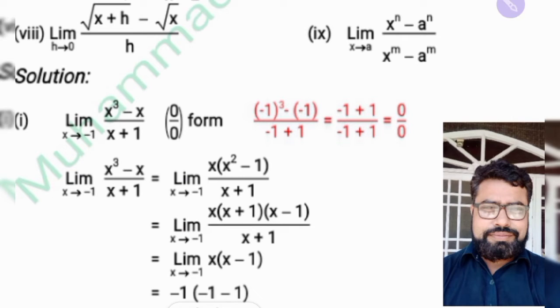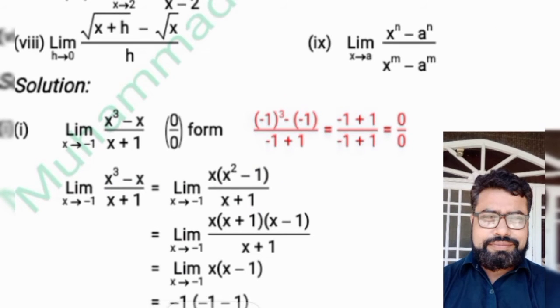Now we can take x common from here. If we take x common from x cube, it will be x square. As we have taken x common from the second term as well, 1 will be left and there is a sign of minus between them, and the denominator x plus 1 will be written same, and limit x approaches to minus 1 will be written same.